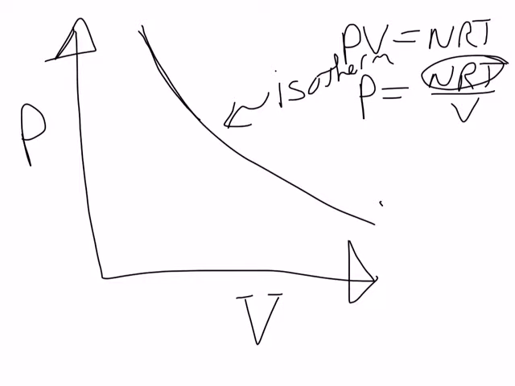Okay? The final kind of curve we can get, this is a very specific swoop down, is called an adiabat. Also sometimes called an isentrope, but we'll get into that later. An adiabat is what you get when no heat is allowed to enter or leave the gas in question, the chamber in question.